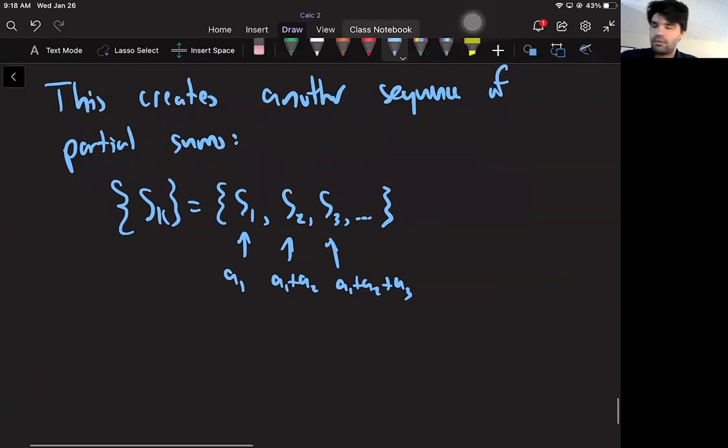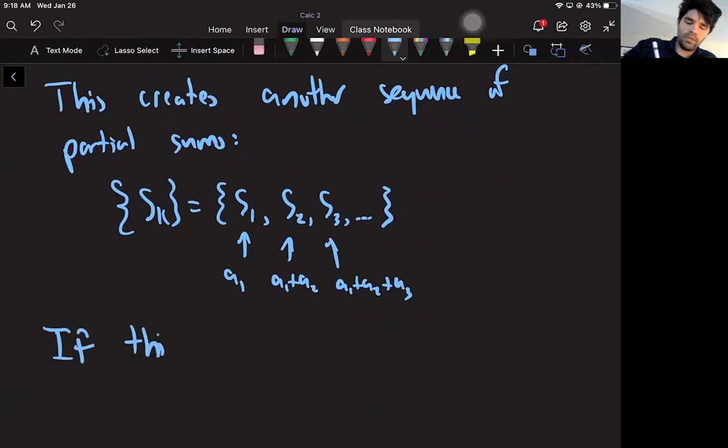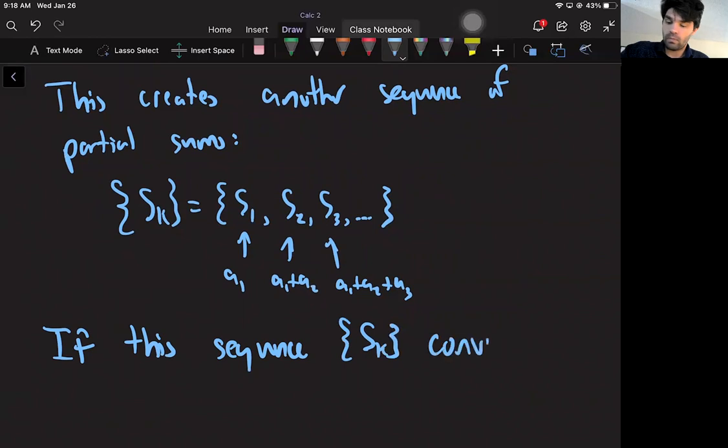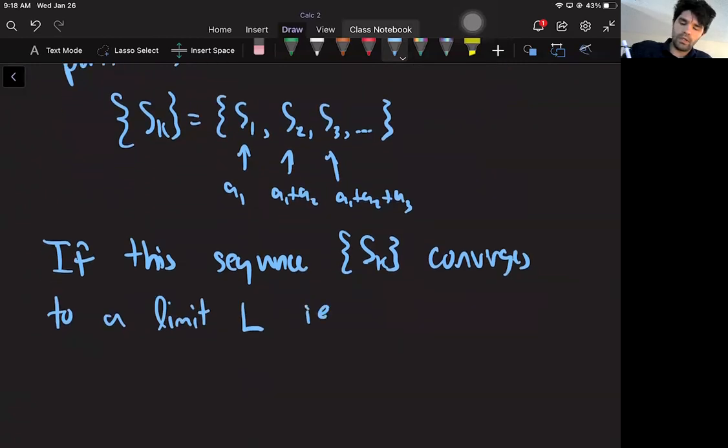And if that sequence converges, that's what we call the infinite sum. So if this sequence that we created converges to a limit L, i.e. that's what we just did at the very end there, we took the limit as k goes to infinity.